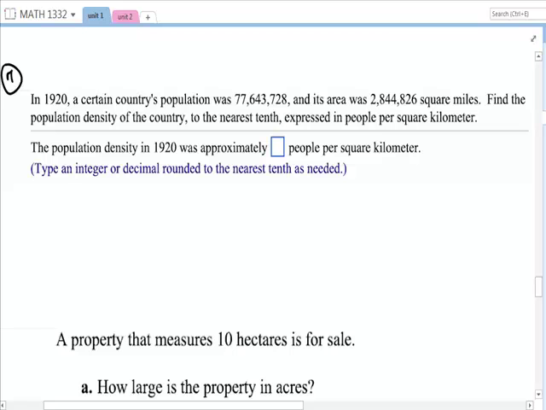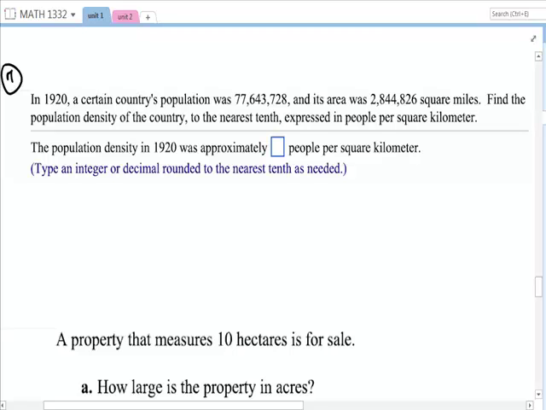It says, and it seems like we're taking a big step aside, but we're not really. It says, in 1920, a certain country's population was 77,643,728. Big. And its area was 2,844,826 square miles.